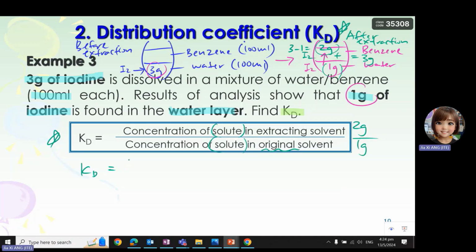So KD should be 2 divided by 1. In this case, the answer is 2. KD has no unit because KD is dimensionless, so do not put a unit for KD.